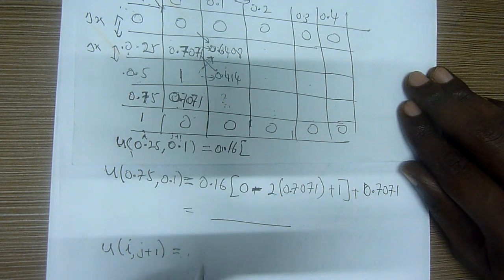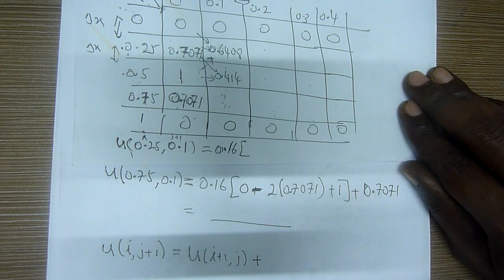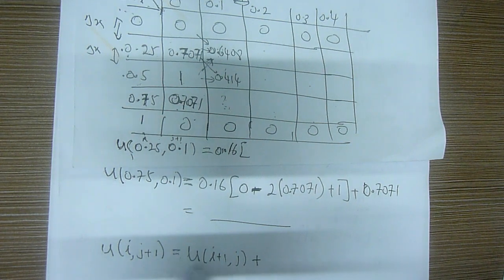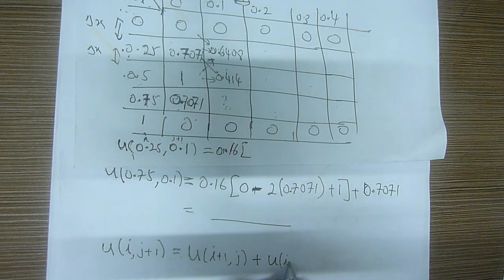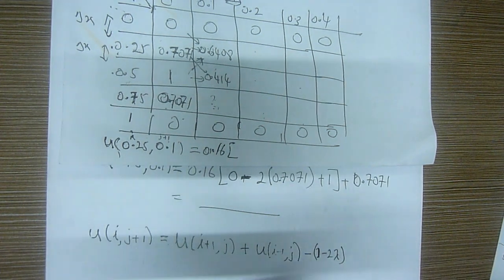First the middle point, you can do u i plus 1, j, plus u i minus 1, j, minus 2 u. If you can calculate in one go, it's very simple. And this will be u i, j.